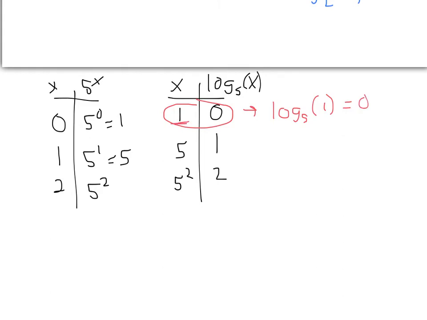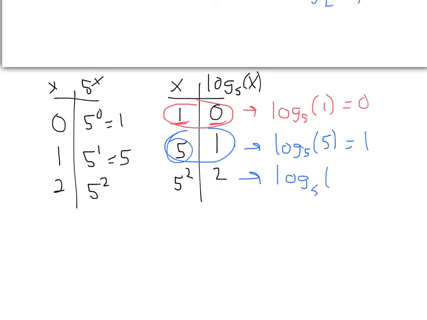The input is the 1, the output is the 0. The second row is saying that log base 5, when the input is 5, the output is 1. And this last one is saying log base 5 of 5 squared is equal to 2.